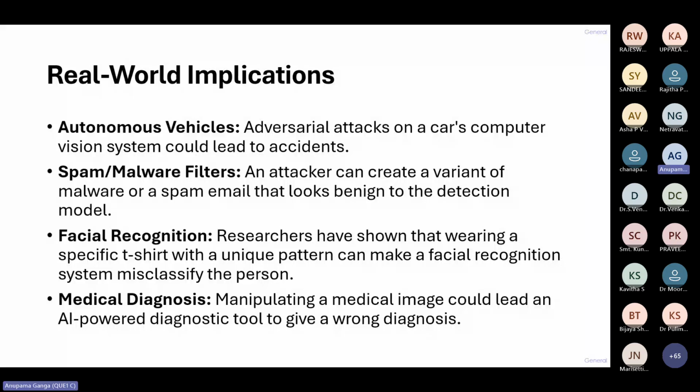As we discussed earlier. It can be a very small pixel change in a scan, okay? But probably the doctor will identify it as a cancer or something, okay? So which will have a very big impact.